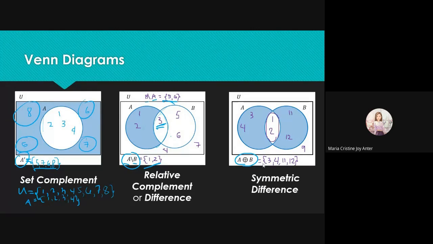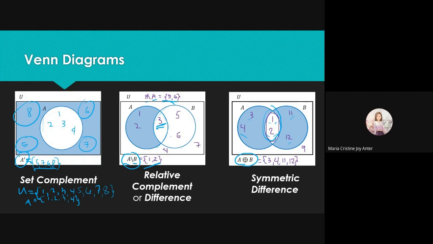Here is an example. Set A contains 1, 2, 3, and 4. Set B contains 1, 2, 11, and 12. For the symmetric difference, it is like you take the union of the two sets, then remove their intersection, which is 1 and 2.